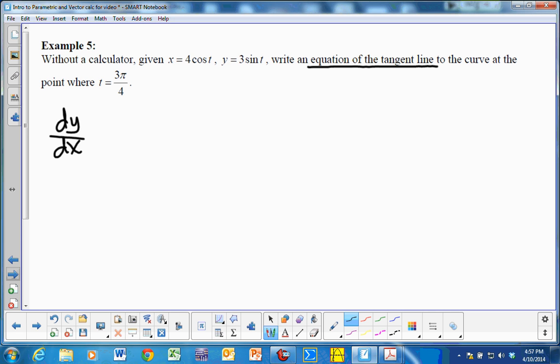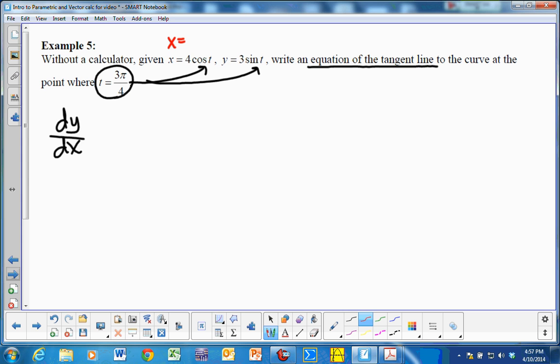So if we want the point, the xy coordinates, then we'll have to plug this in here for both of these, and then that just gives us the xy point that we're talking about. So let's just go ahead and do that, because we can kind of do it there above. So cosine of 3π/4 would be negative square root of 2 over 2 times 4.